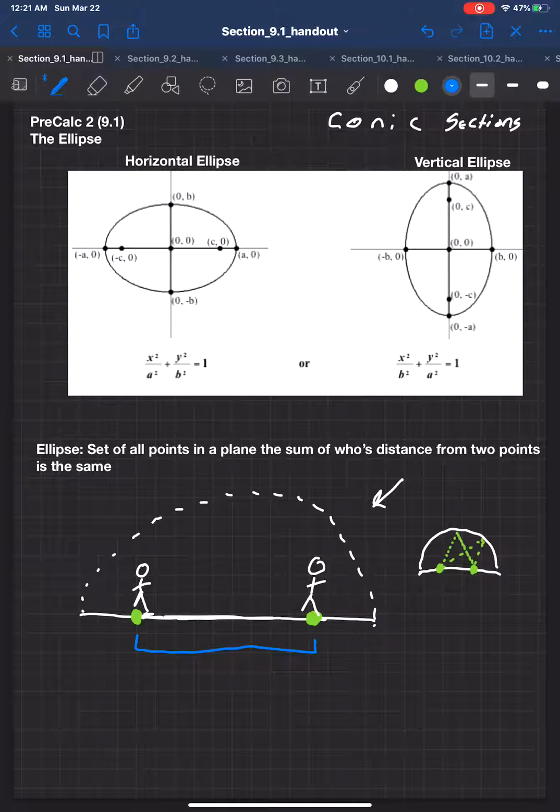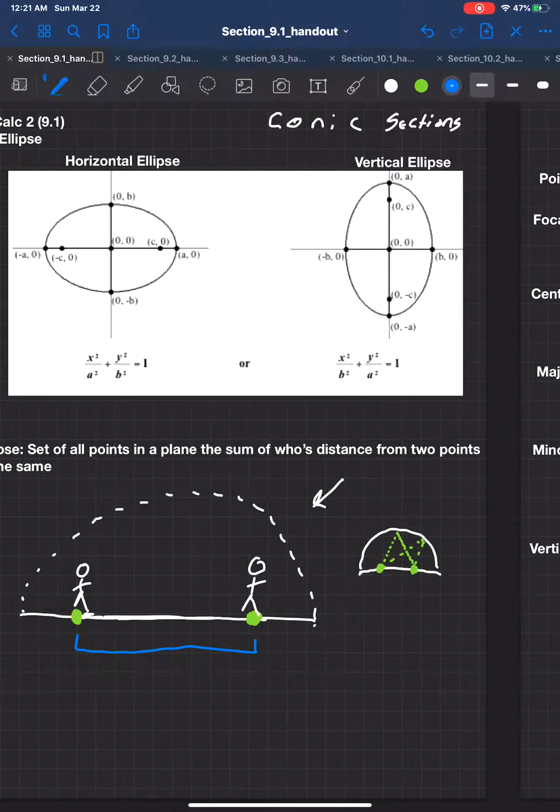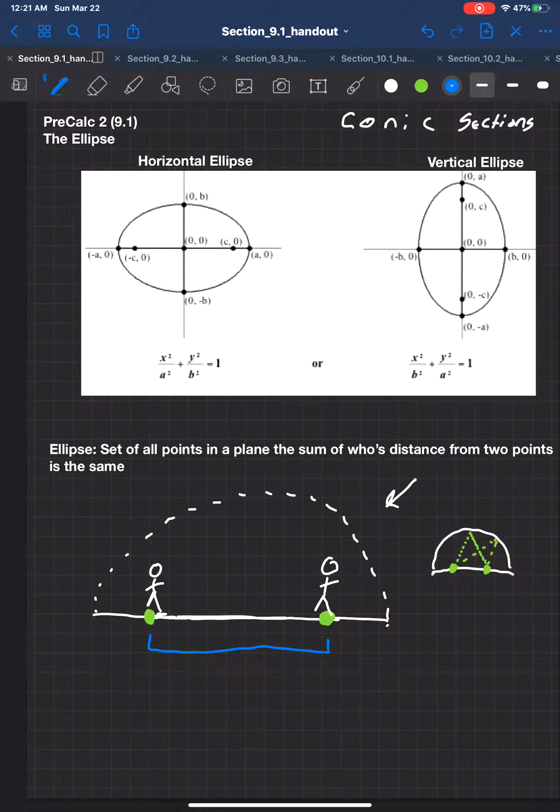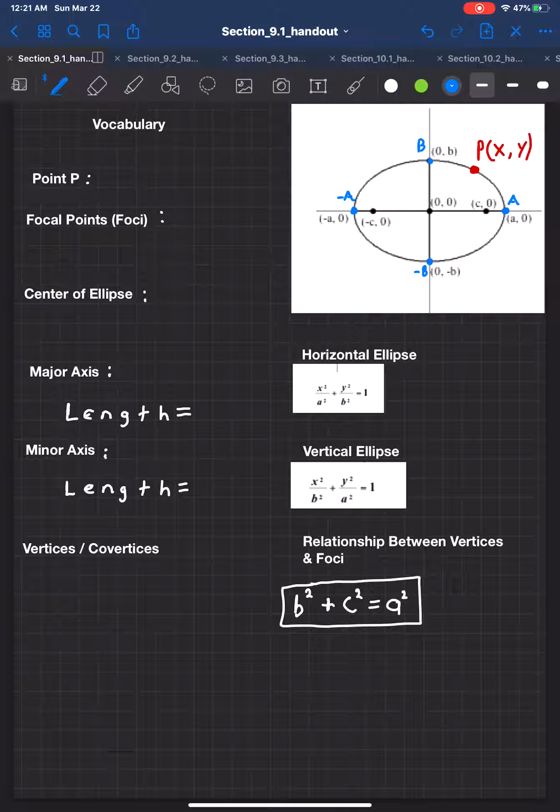So the set of all points in a plane, the sum of whose distance from 2 points is the same. What do we mean by that? These 2 points, just like the places that you were standing in this whisper room, are what we call the focal points.